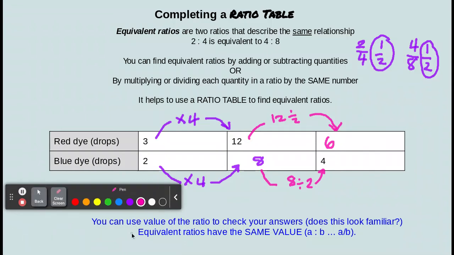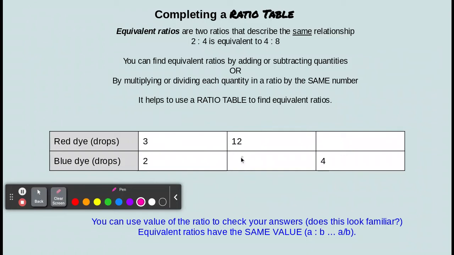So a key thing to look at is that you can use the ratio table to check your answers, right? So our ratio table would look like this. 3 halves, this is an 8 and this is a 6, right? 3 halves, looks like a fraction. 12 eighths and 6 fourths.